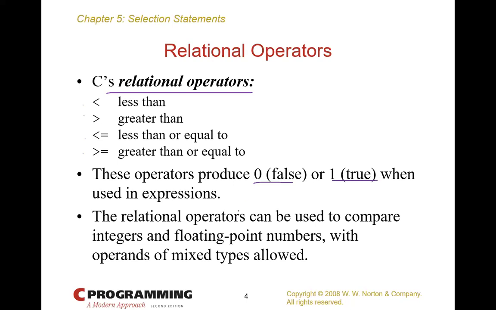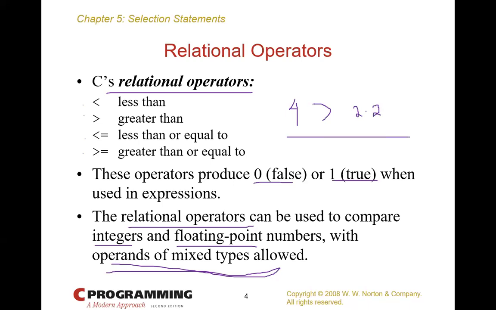The relational operators can be used to compare integers and floating point numbers with operands of mixed types allowed. So what it means is relational operators allow you to mix their operands. You can say is 4 greater than 2.2. This is what is called mixed type expressions. So for this operator, we have an integer, and at the same time, we have a floating point operand.